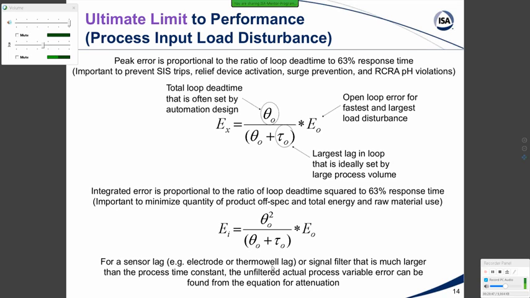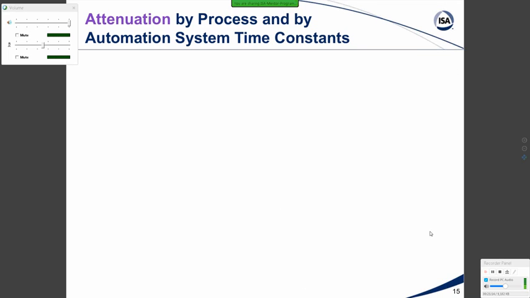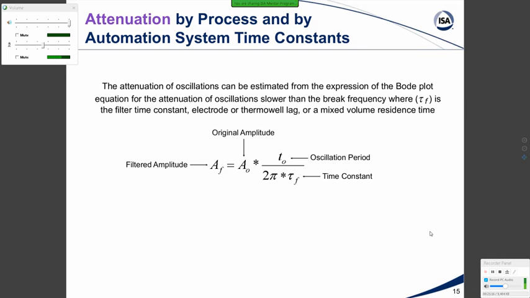And unfortunately, that time constant, the largest in the loop, while ideally it's set by the process volume, it could be an electrode, a thermal well lag, or a signal filter, giving you the false impression that you've done something good. What happens typically, though, is you'll tend to see very slow oscillations, and that's the clue you have a real problem. This equation can help you.